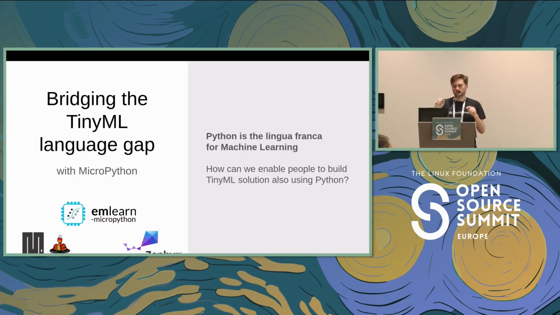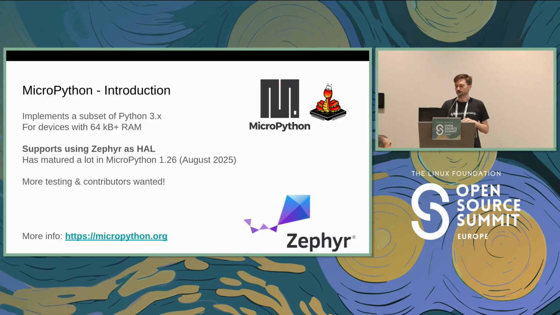That can cause challenges. So one way of trying to bridge this gap for some applications would be to use Python also on the device, on the microcontroller. That's the motivation, to try to do these combined projects in an easier way.